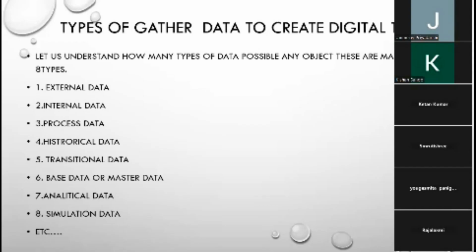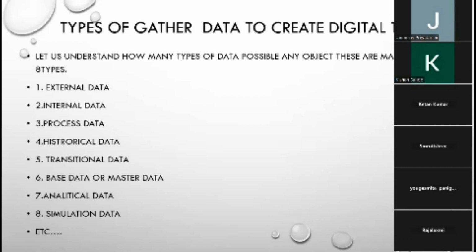So those things are happening inside your brain, that simulation, and then your body is reacting based on the instruction of your brain. So that is your simulation data. And exactly this type of data we can collect from any object, which is very critical in nature.